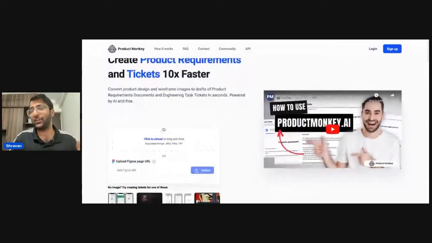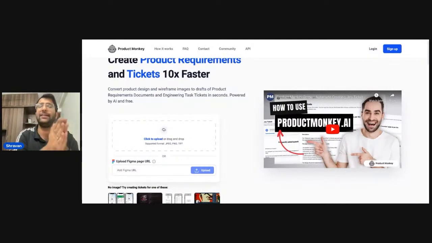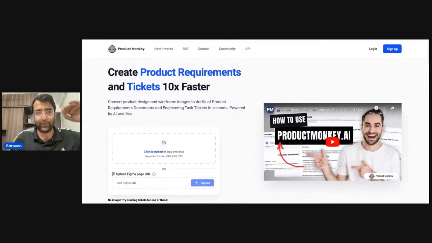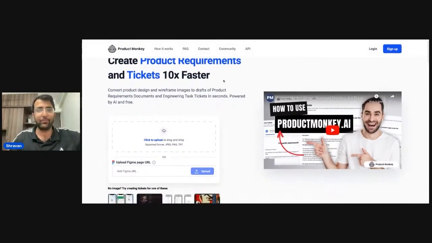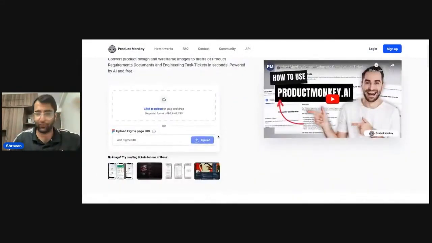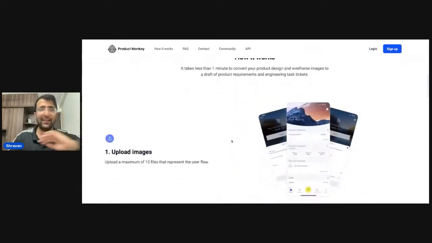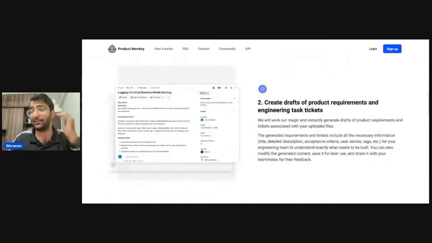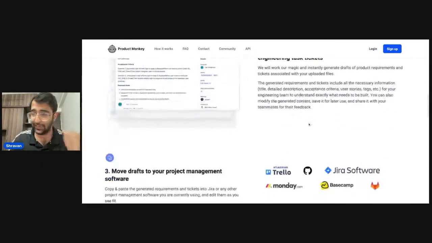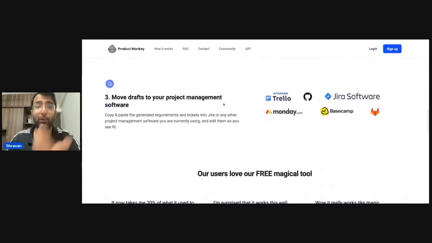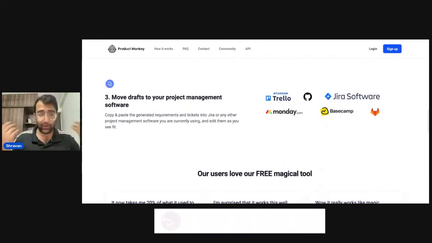So what you can do by using this product is you can just upload. In most product companies, everybody has to write good PRDs. A lot of times people start from writing a one pager and quickly making the designs. So you can go on productmonkey.ai. You can just upload your designs or your Figma URL. Then it automatically converts those into product requirements and engineering ticket tasks. It can also move them to Trello, Jira, Basecamp, whatever you're using.